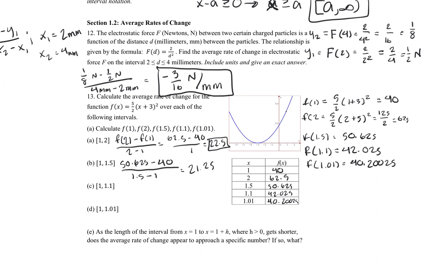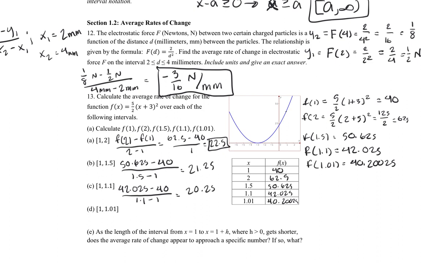Okay, now if we do from 1 to 1.1, that's going to be our f of 1.1, which is 42.025, minus our f of 1, which is still 40, all over 1.1 minus 1, which is going to give us 20.25.